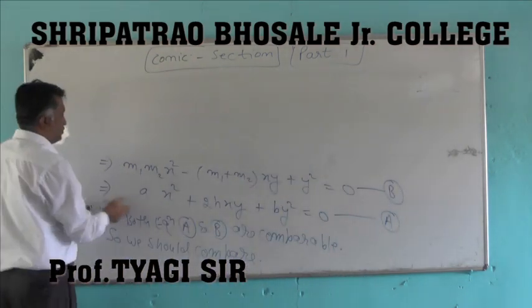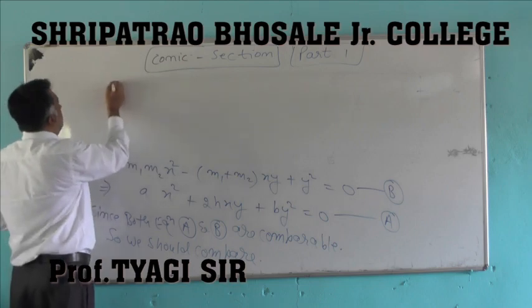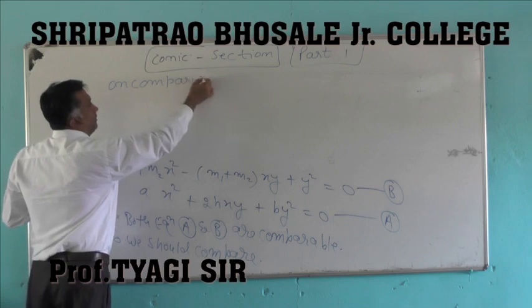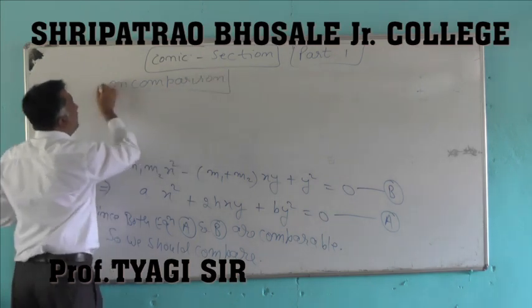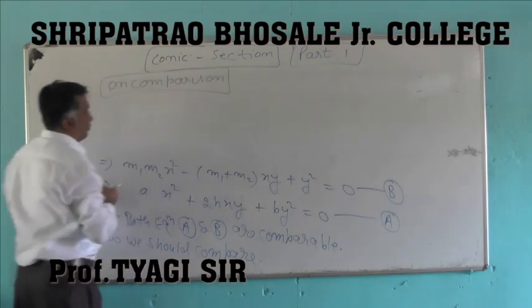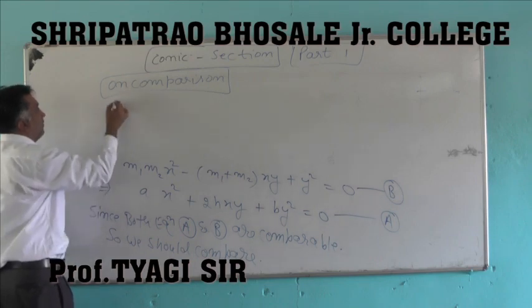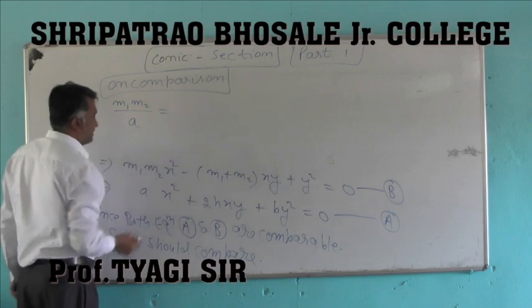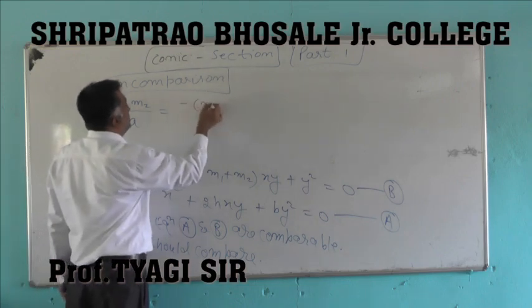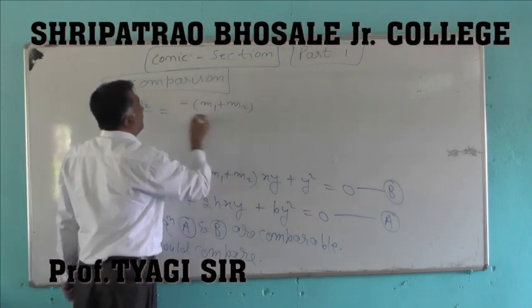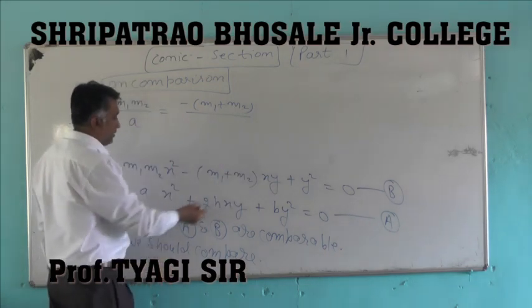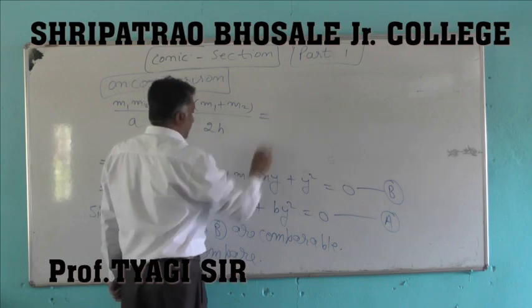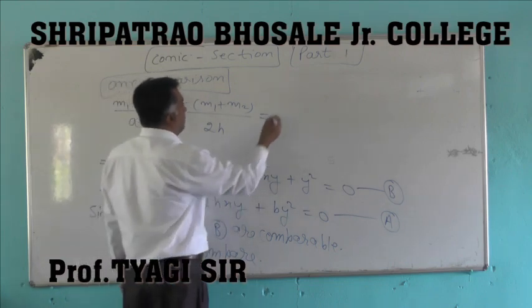In such a manner, on comparison we got m1 m2 upon a is equal to minus of (m1 plus m2) upon 2h, and similarly 1 upon b.